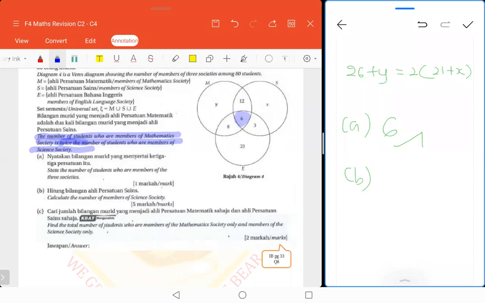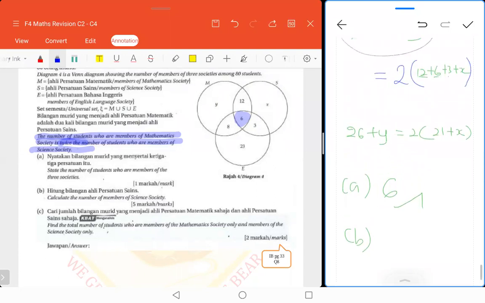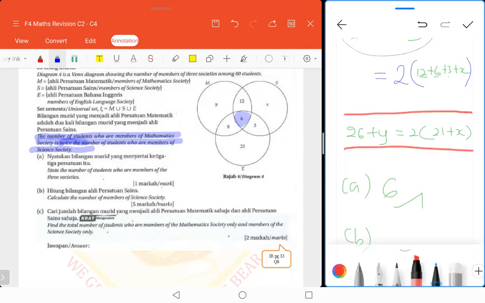Just now we have an equation here. First equation. Because we have 2 unknowns, usually when we want to get the answer for 2 variables, we need 2 equations. Correct?